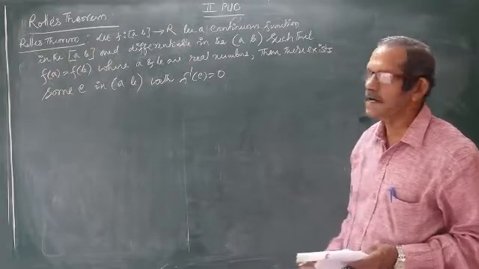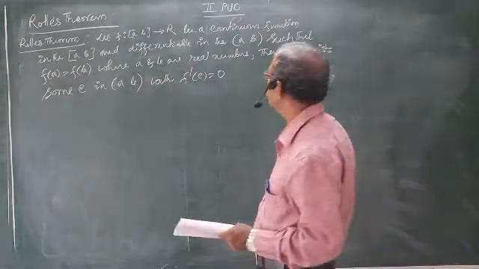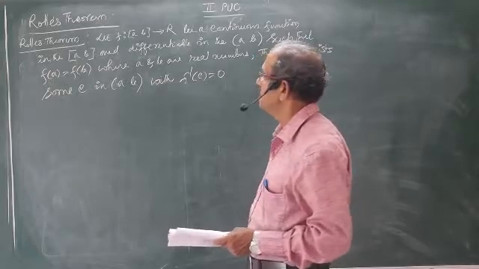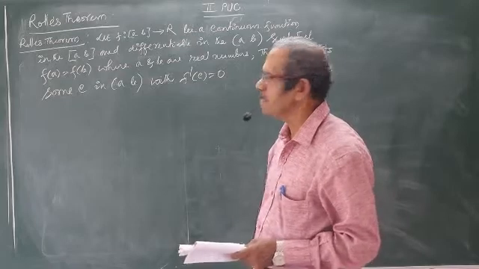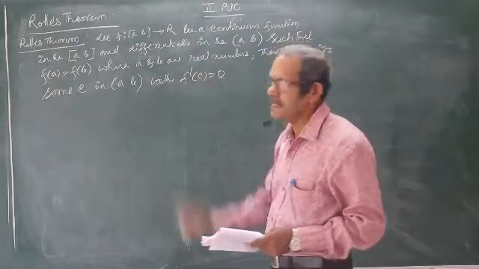This is the statement of Rolle's theorem, but it should be carefully written. That's why I have written the theorem correctly. You cannot give your own theorem, so write it correctly.